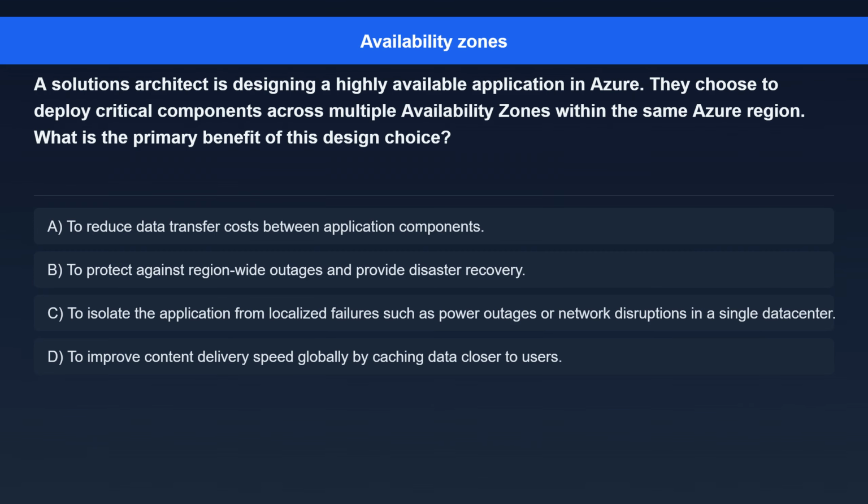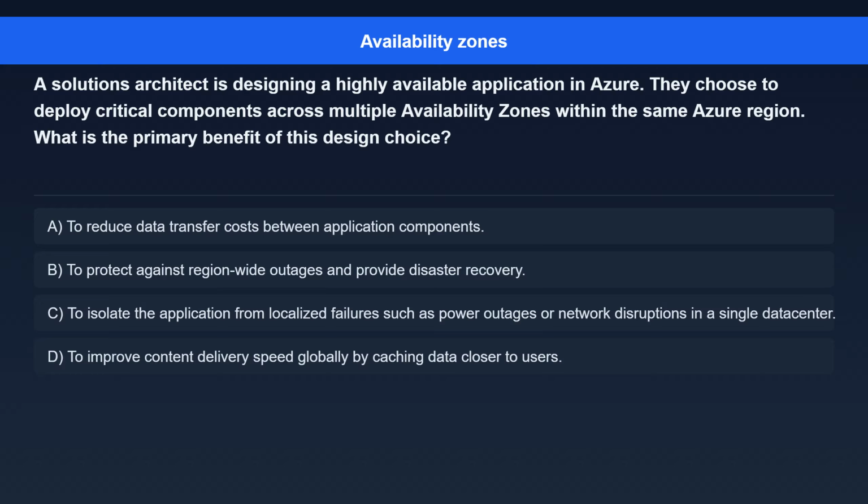Question 4. A solutions architect is designing a highly available application in Azure. They choose to deploy critical components across multiple availability zones within the same Azure region. What is the primary benefit of this design choice? Option A. To reduce data transfer costs between application components.